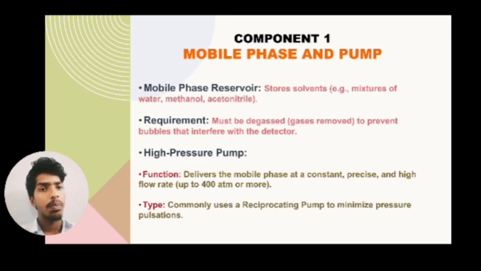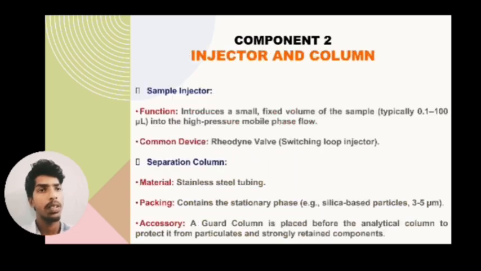High pressure pump function: it delivers the mobile phase at a constant, precise, and high flow rate, up to 4,000 psi or more. Type: commonly a reciprocating pump is used to minimize pressure pulsations. This is component one.